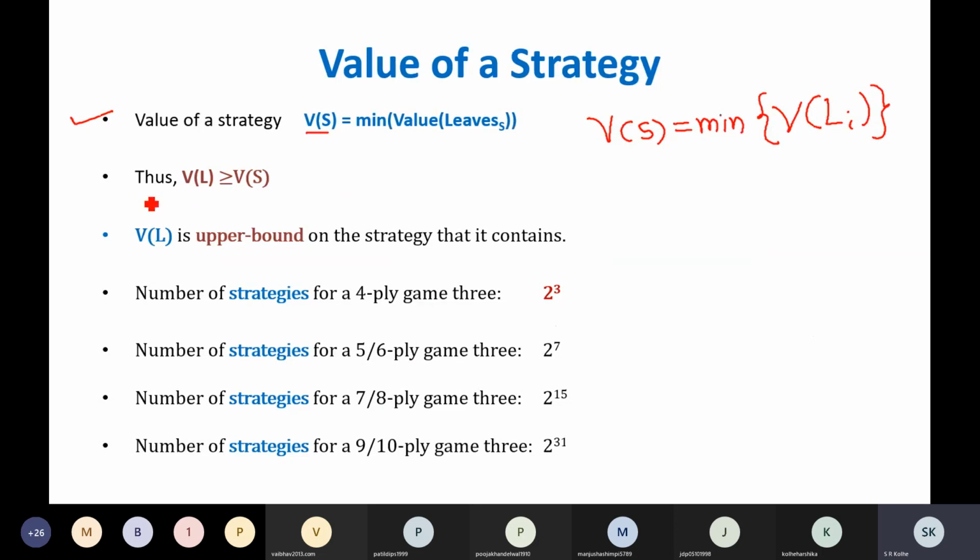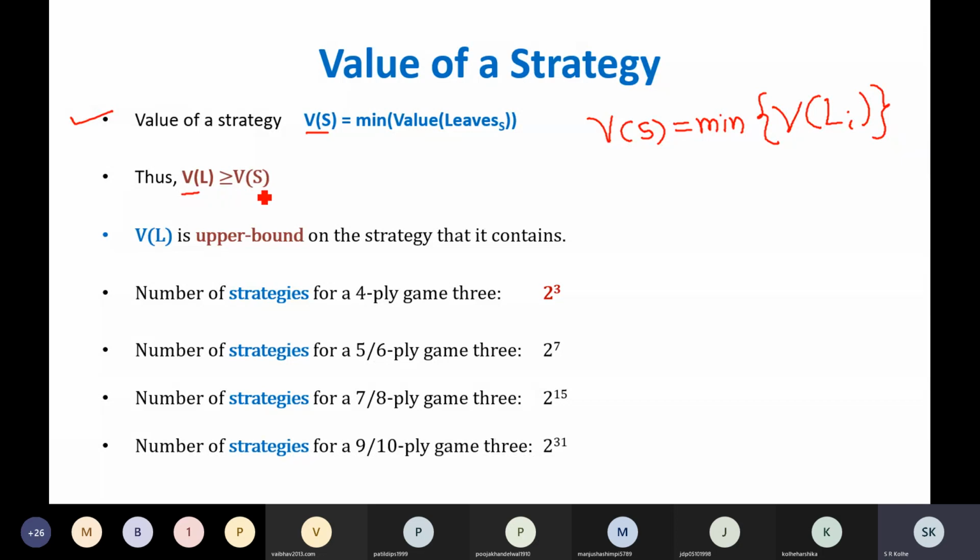So you will find out the value of a leaf L, only one node. The value of a leaf is always greater than or equal to the value of a strategy.